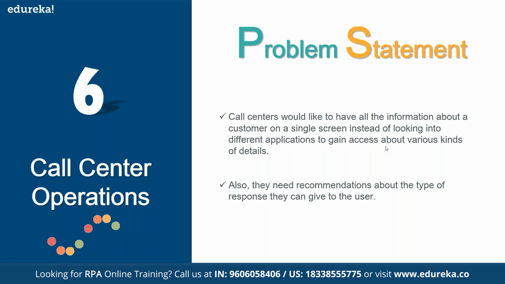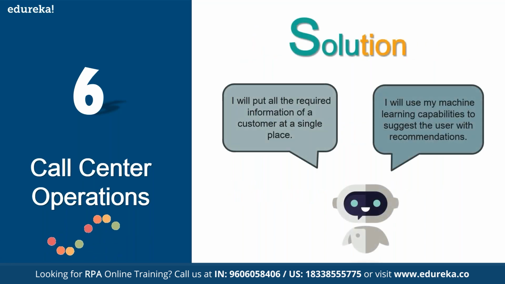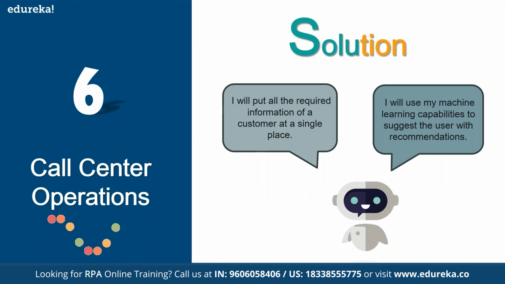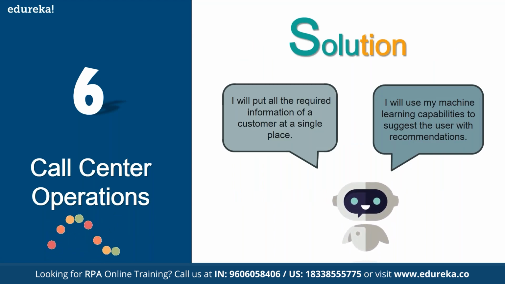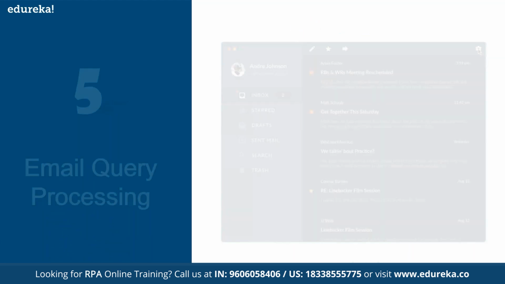Your RPA can fetch the data from different applications and flash it on a single screen so that your customer care executive can assist a customer efficiently. Your RPA is not only confined to that area, it can also give suggestions and recommendations to the customer. That is another topic. Your RPA can use machine learning capabilities to do all these things also. This is an extra thing.